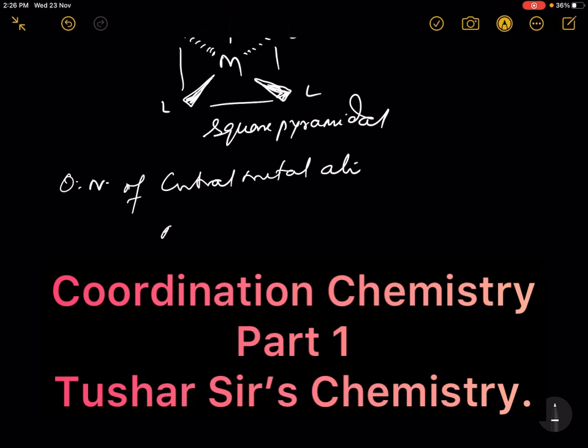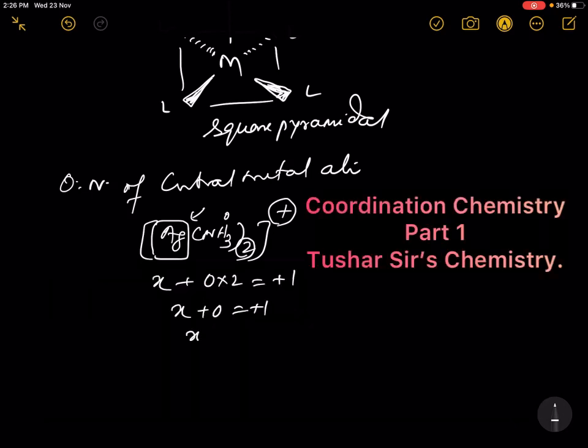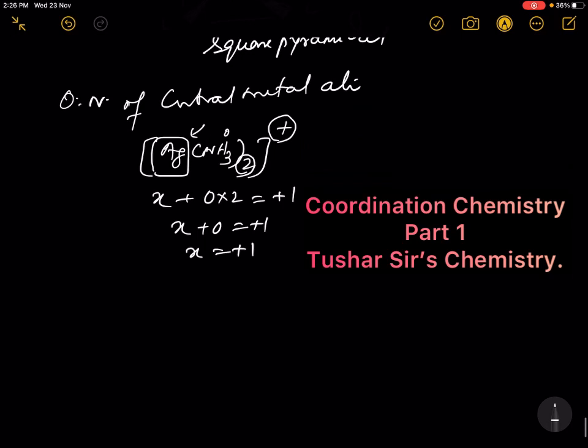Let it be X. For ammonia it is 0, and the complex charge is plus 1. So X plus 0 is equal to plus 1, X is equal to plus 1. In [Ag(CN)2] minus, for CN it is minus 1 into 2, so X minus 2 is equal to minus 1, X is equal to plus 1.